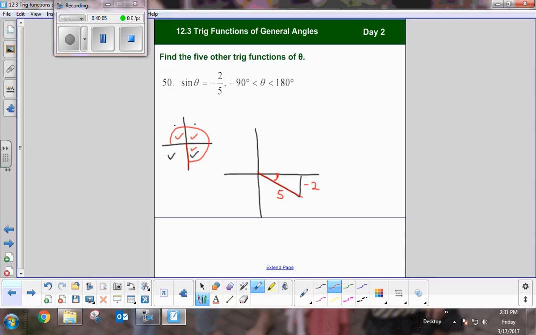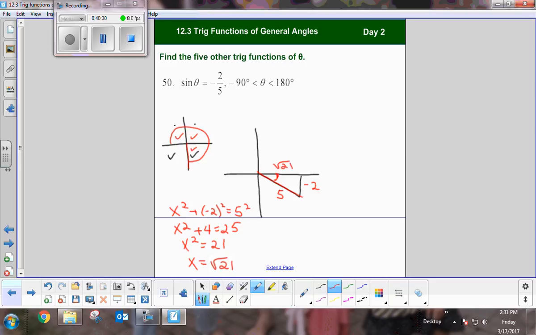Okay, so let's find what x is. So x squared plus -2 squared is 5 squared. I'm just using the Pythagorean theorem. x squared is 21. x is the square root of 21.